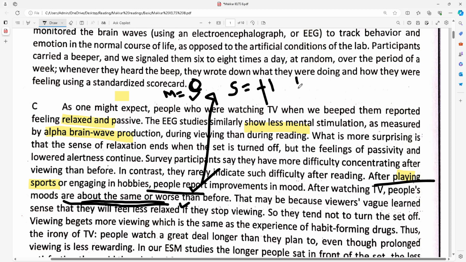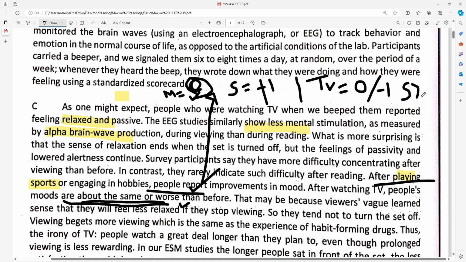But when people were asked about the condition after watching TV, they said that their mood remained the same, that means no improvement, the rating remained 0, or in some cases it was worse also. That means sometimes they gave a negative rating to their moods.